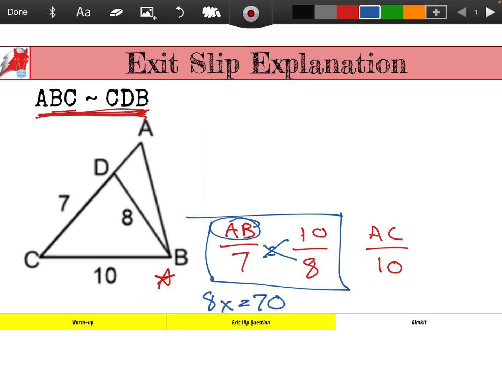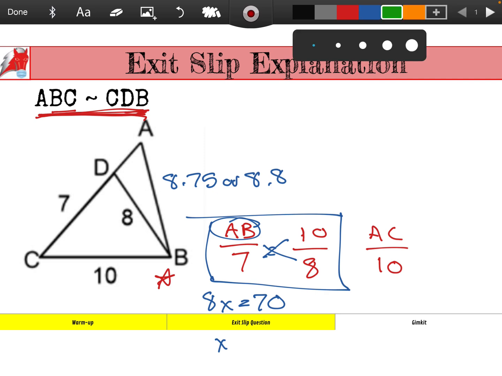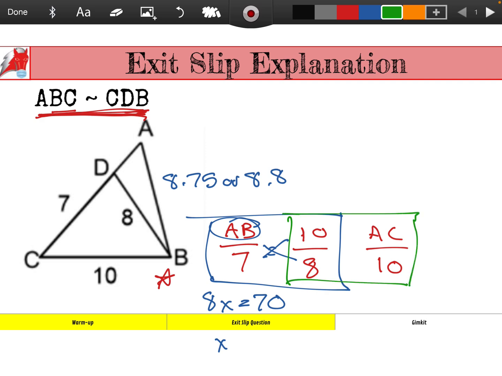I'm going to get a decimal on that. So X, or AB, which is one of the things I need to find, would be 8.75. Or, since I told you to do it as the nearest tenth, would be 8.8. I actually left both of those as options just because I know some people see that 8.75 and it's just too tempting to put that in there.